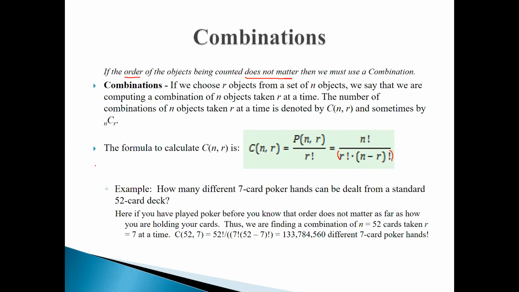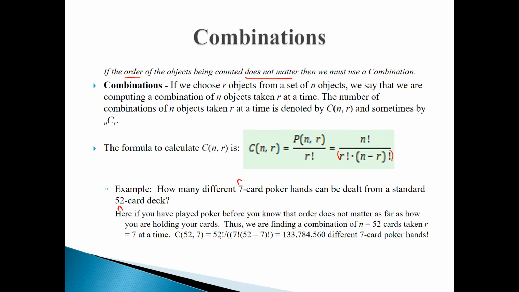So, for example, how many different 7-card poker hands can be dealt from a standard 52-card deck? Well, in poker, order in your hand doesn't really matter, and so here a combination would work. This is our R, this is our N. So we plug in our values: N is 52, R is 7.